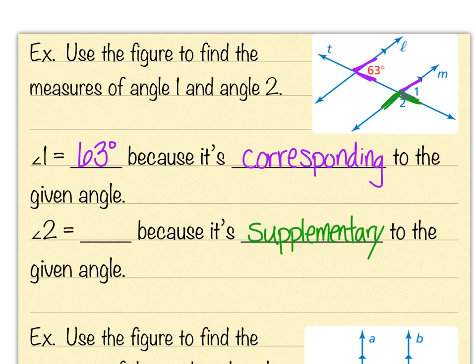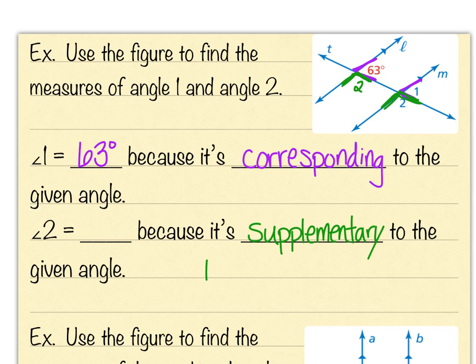And that's because angle 2 is actually going to correspond with this angle, so I know that angle is the same as angle 2. And because the 63-degree angle sits on the same line as angle number 2, then they're going to be supplementary, and so they'll add to 180.